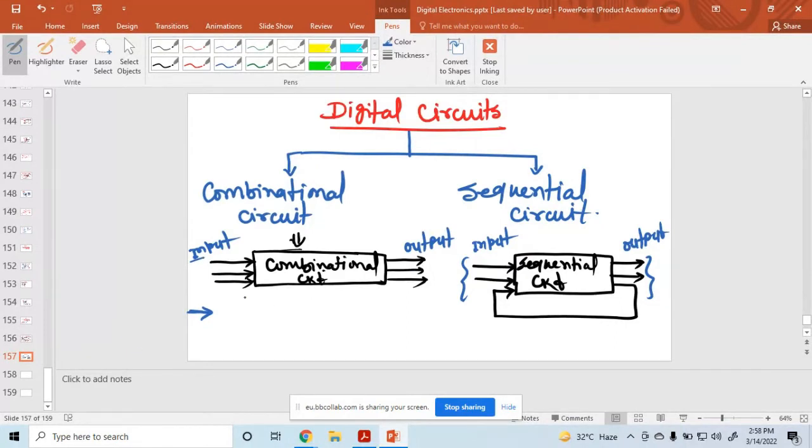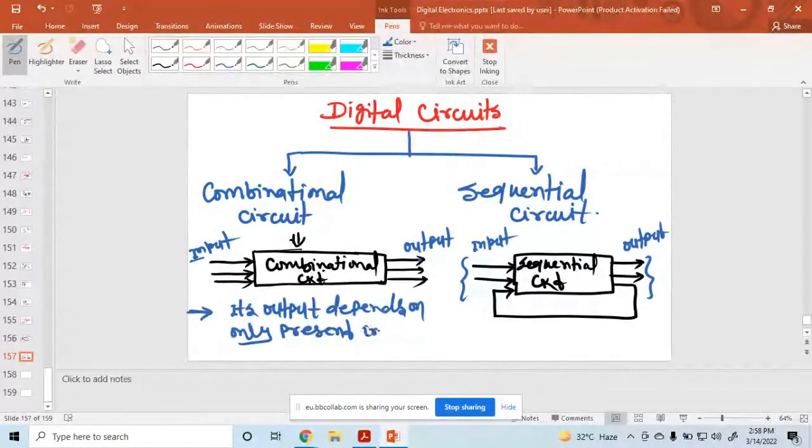So you can say the combinational circuit output depends on only the present input. This is called a combinational circuit.